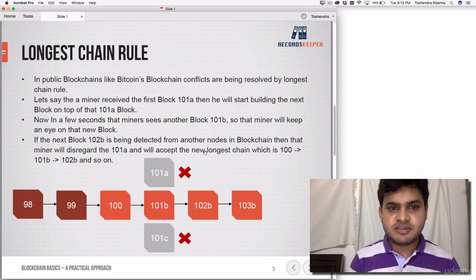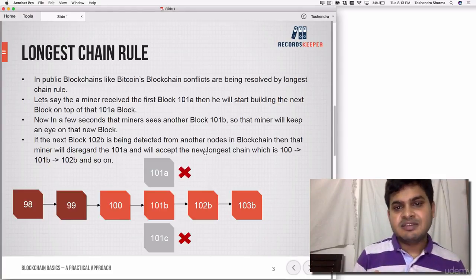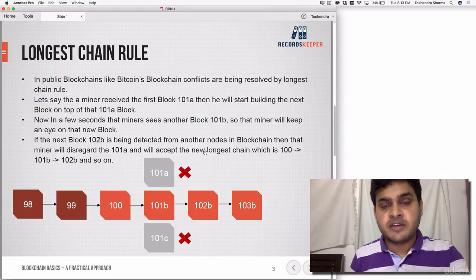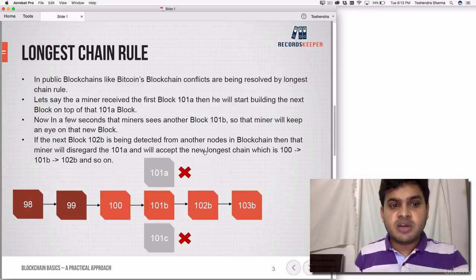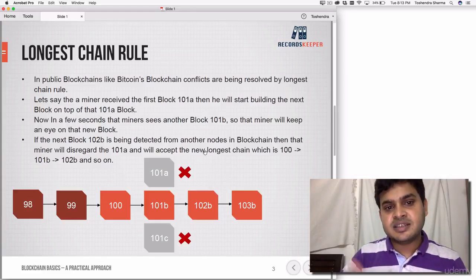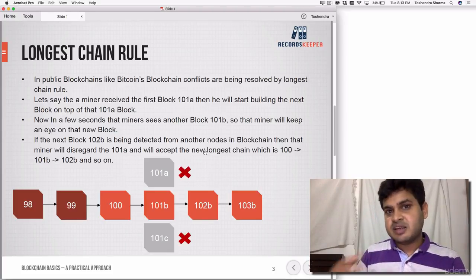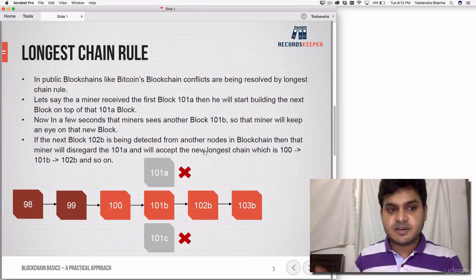Let's say the miner received the first block 101A. He will start building the next block on top of 101A, because that's the first block he received. In a few seconds, the same miner sees another block, 101B, the second block. He will keep an eye on that second block as well, but he'll keep building on the first block he received.